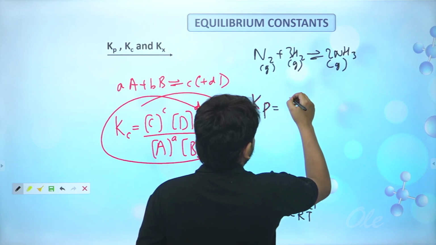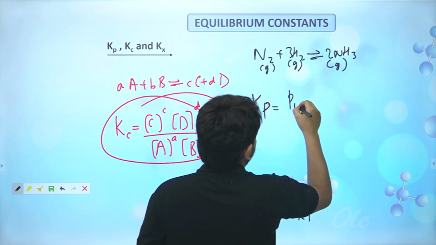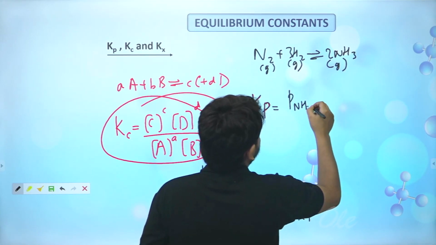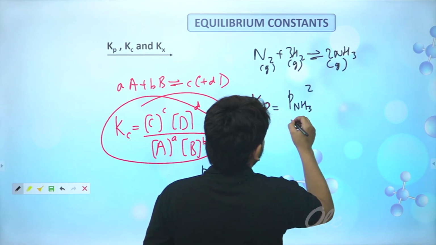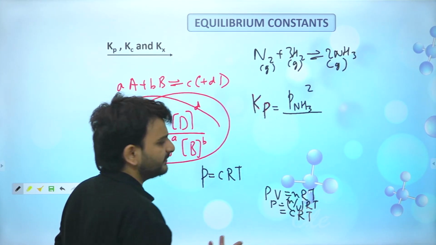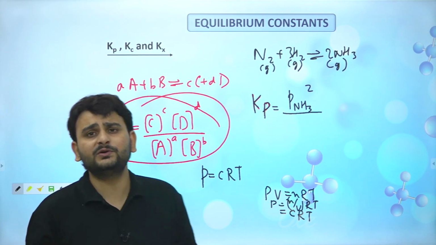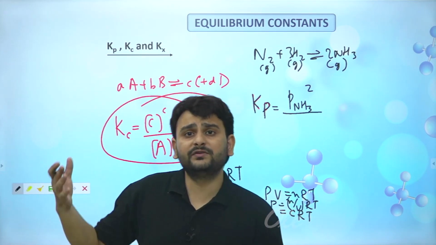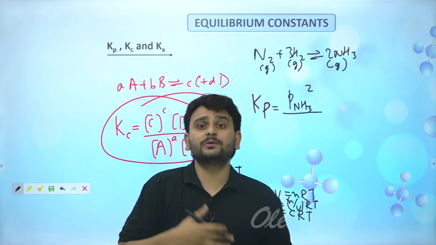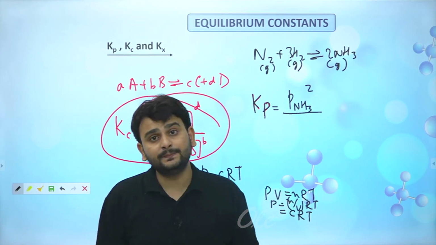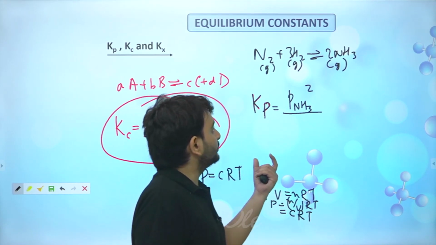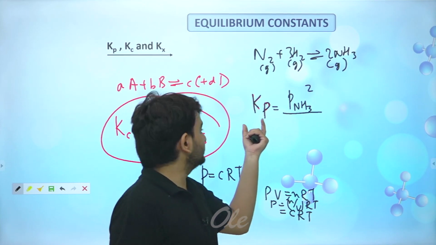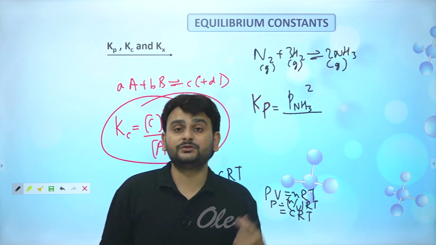the partial pressure of NH3 raised to the power of its stoichiometric coefficient, which is 2, over, we'll definitely be talking in terms of stoichiometric coefficients. When you're talking about concentration, we were using stoichiometric coefficients, so they are relevant here as well, because we have to relate Kp and Kc, which we'll be doing.